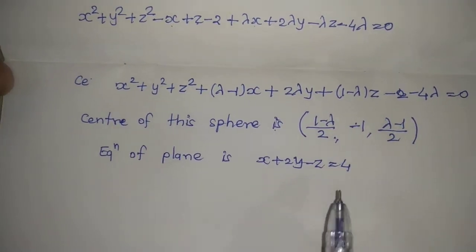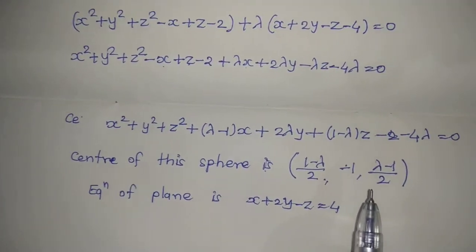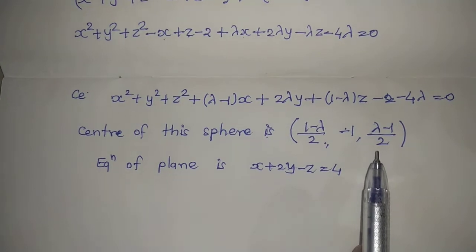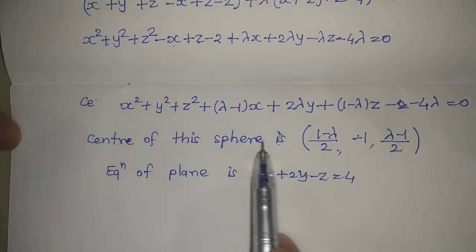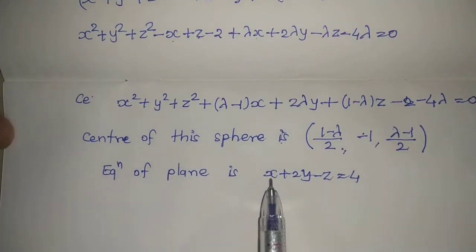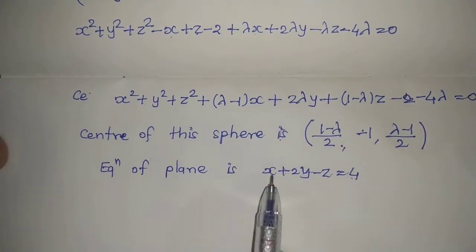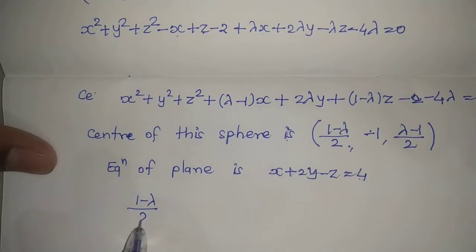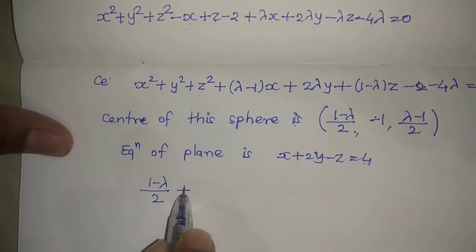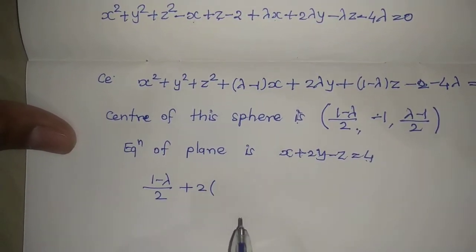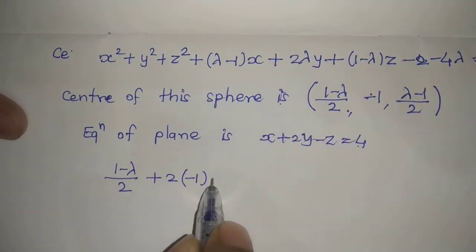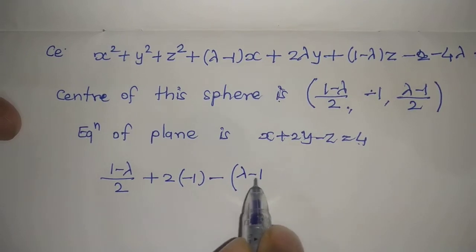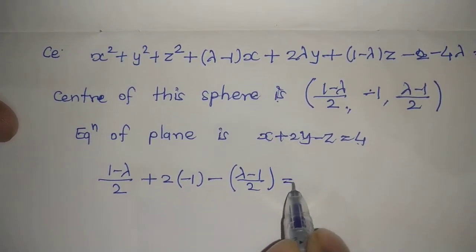So we want this sphere which has this circle as one of its great circles. It means the center of this sphere will satisfy the equation of this plane. Therefore x, so x is here 1 minus lambda by 2, plus 2 into y. What is y? y is minus 1. Then minus z. What is z? Lambda minus 1 by 2 is equal to 4.